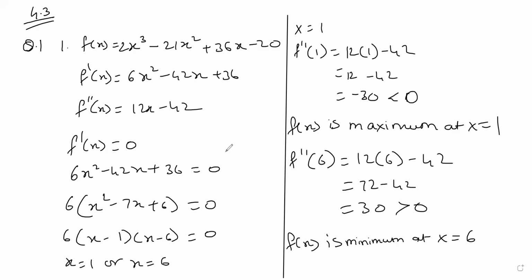Now we can find out the maxima and minima by putting x is equal to 1 and x is equal to 6 in f of x. So if we put x is equal to 1, 2 into 1 cube minus 21 into 1 plus 36 into 1 minus 20. This is minus 3.